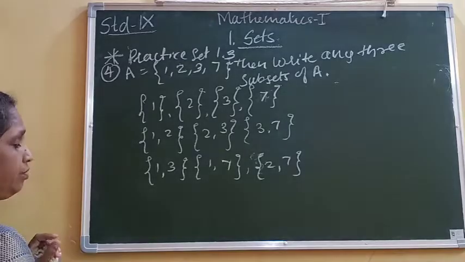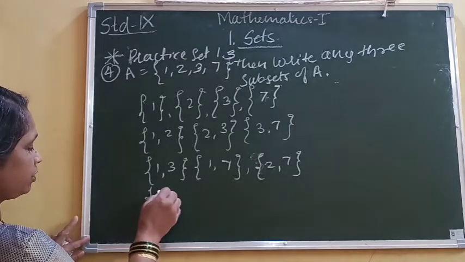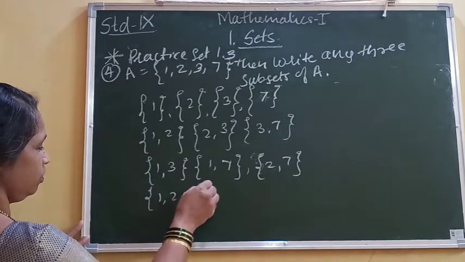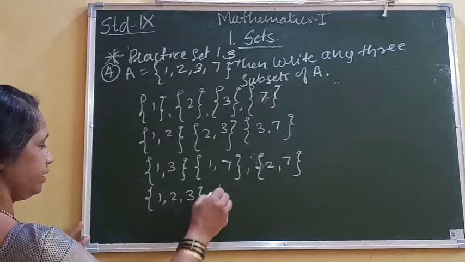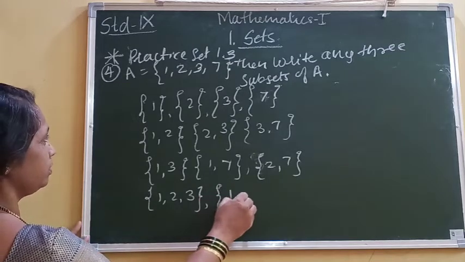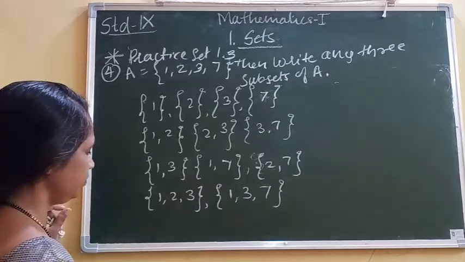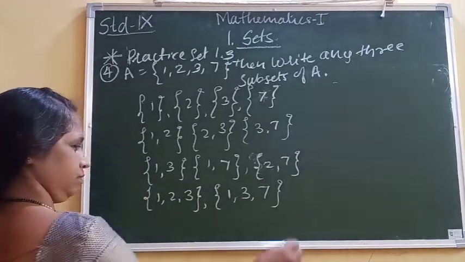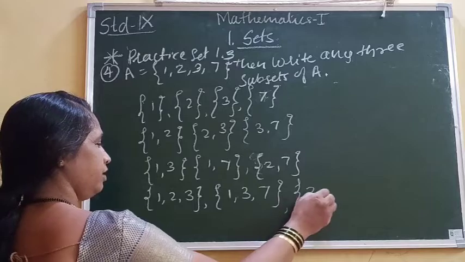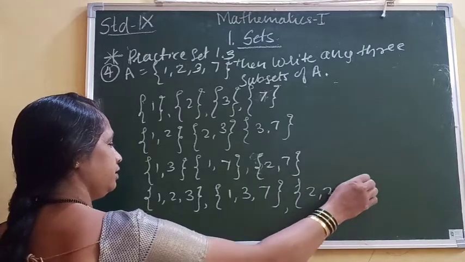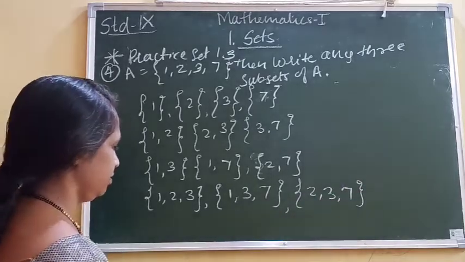Okay, now 3 numbers you can take. 3 numbers means how it will be? {1, 2, 3} and then {1, 3, 7} and what can you take? {2, 3, 7}.